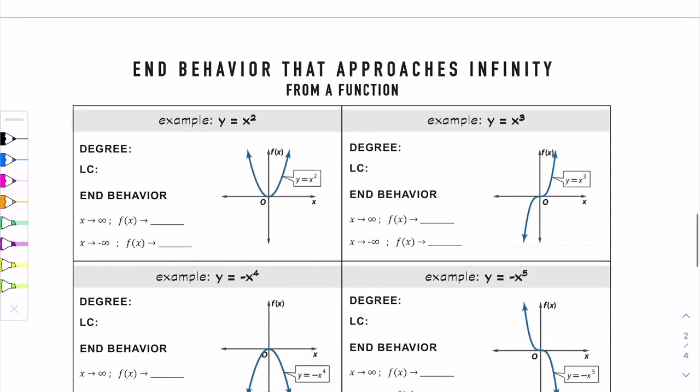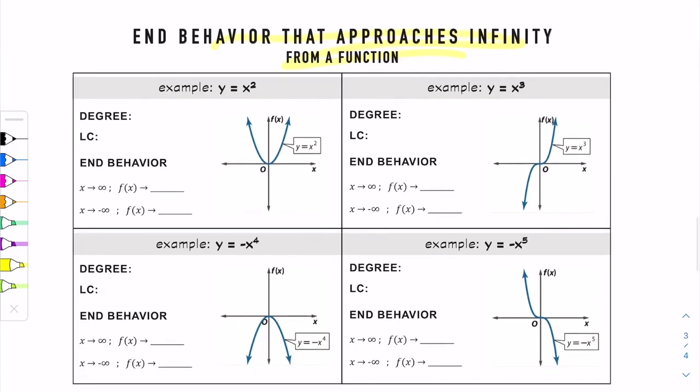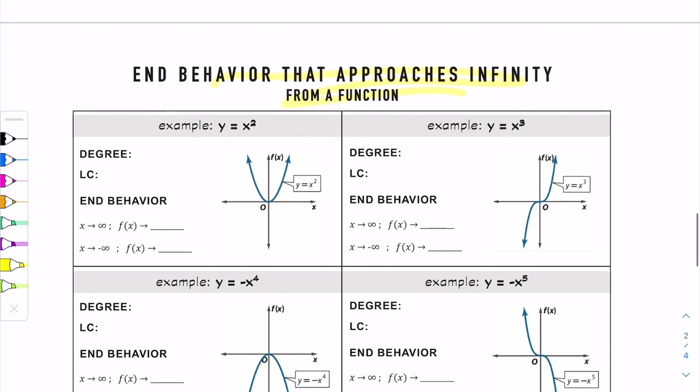End behavior that approaches infinity from a function, so when you don't have a graph, you can tell this by the degree and the leading coefficient of a function. As a quick reminder, let's take a look at a basic function such as f of x is equal to 3x squared plus 6.